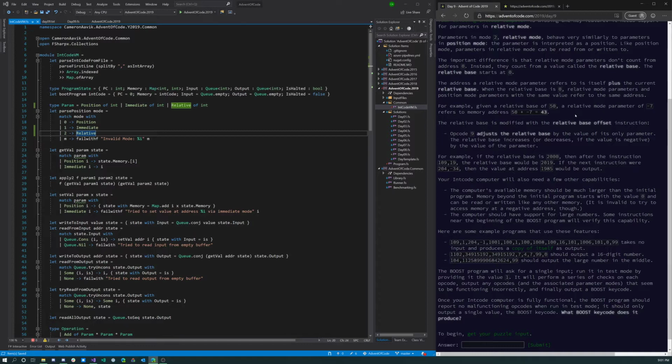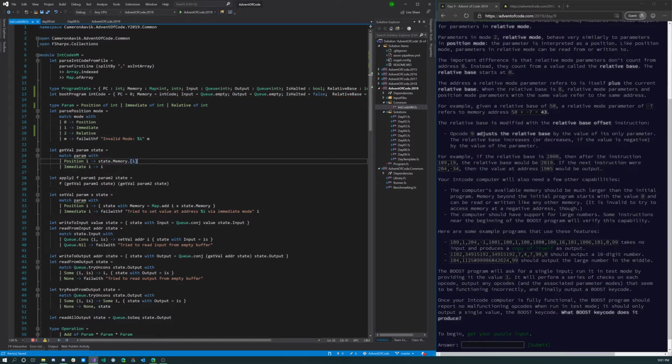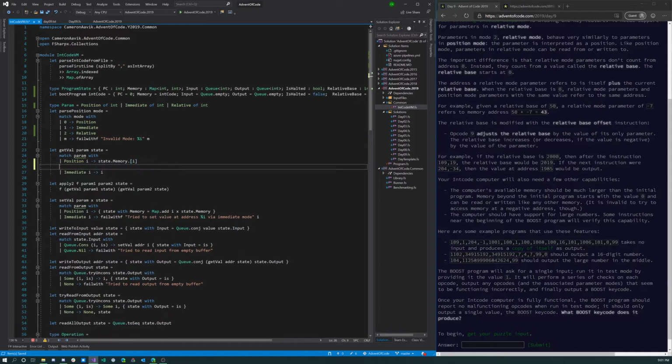So how do we get the relative base? Opcode 9 adjusts the relative base by the value of its only parameter. So what we need is a relative base, and it's going to start at 0. I think that's what it's asking.